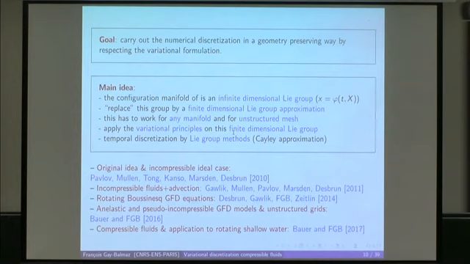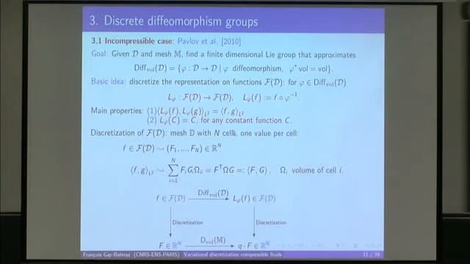So this first idea has been developed in this paper for the incompressible case. It has then been extended to several models by including rotation, stratification, etc. So what I will present today is the last extension, which considers the case of compressible equations.